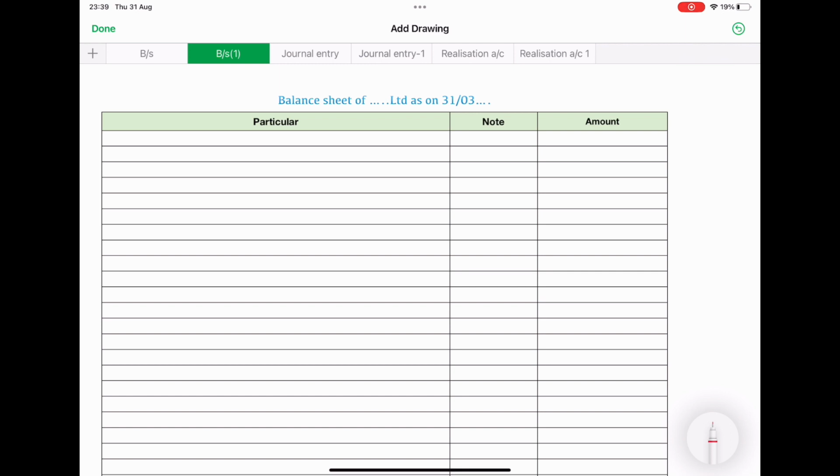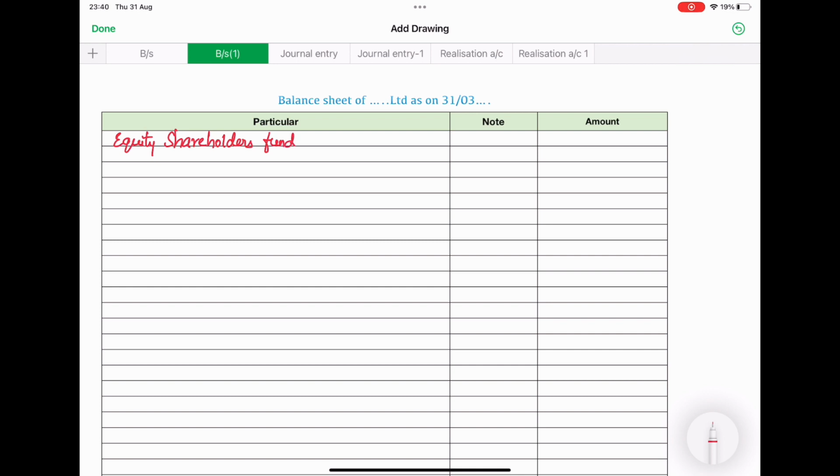So first one will be equity shareholders fund. This is the heading. Under that we are going to record all the headers.